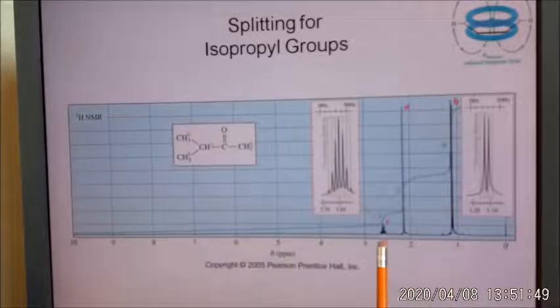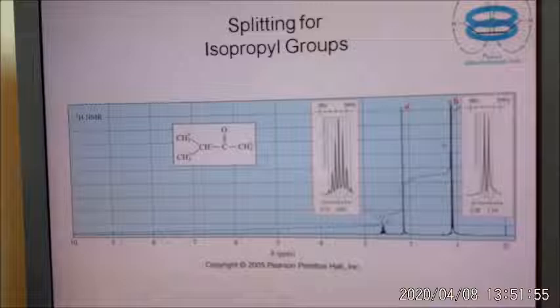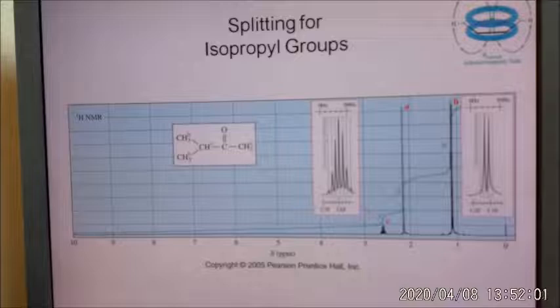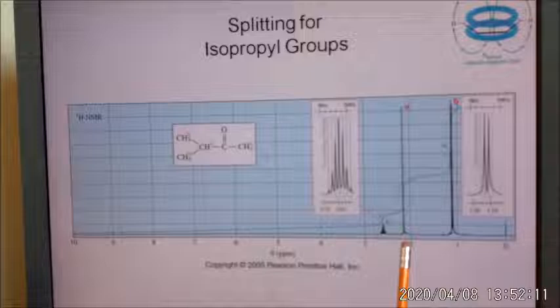And this one is just a methyl group because I have a CH3, no neighbors that have protons on it. So now we have to think, what kind of neighbor will they have if it doesn't have any protons on it? So see how this has been de-shielded just a little bit? About 0.2. Look at this one. This is at 2.1.